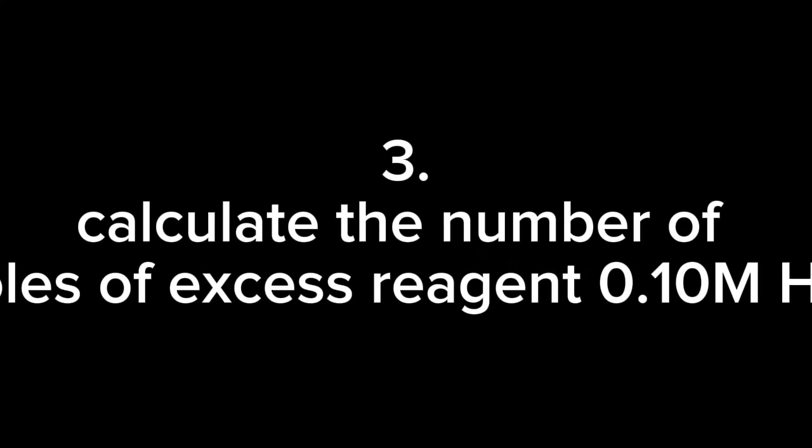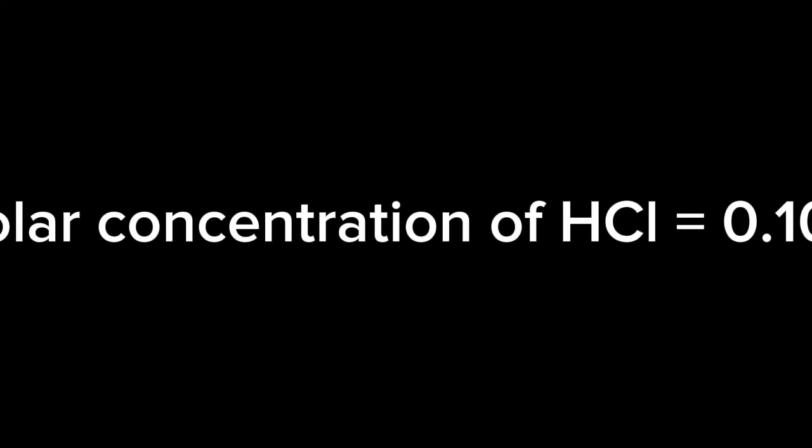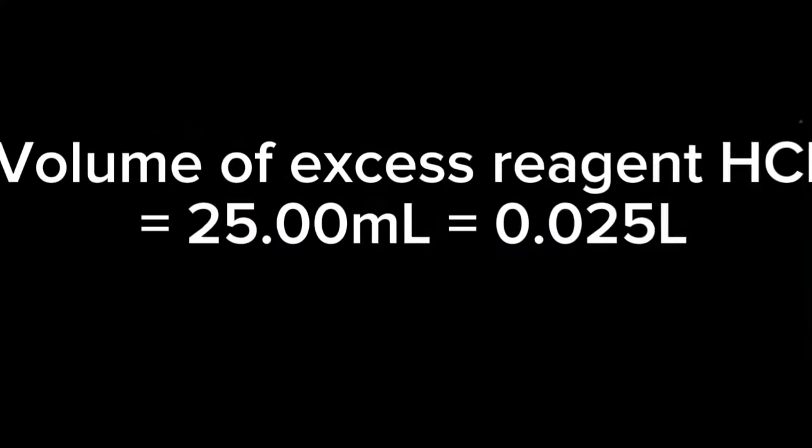3. Calculate the total number of moles of excess reagent, 0.10 molar HCl. The molar concentration of HCl is equal to 0.10 molar. The volume of excess reagent HCl is equal to 25.00 ml, which is equal to 0.025 liters.